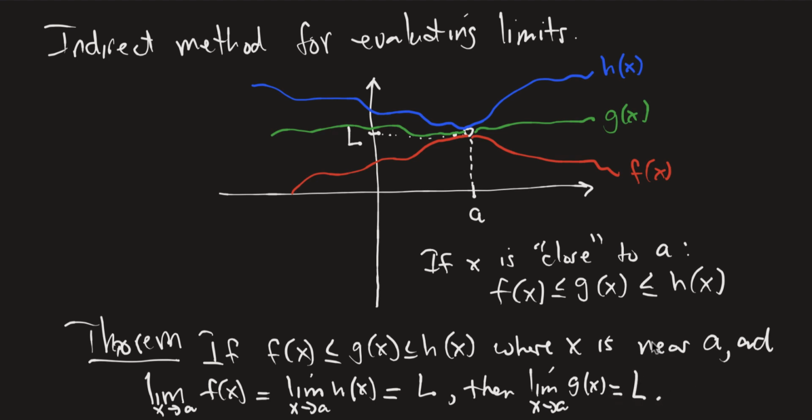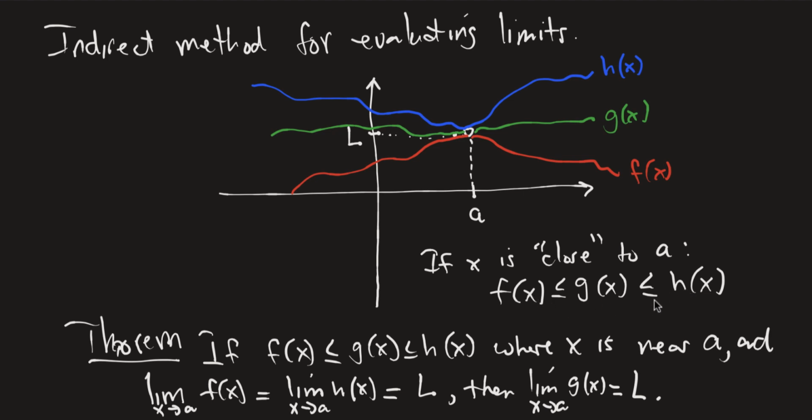So the concept of squeeze or sandwich is that you essentially have three functions, the one in the middle, right? So this inequality has to be true. The function in the middle is the function whose limit you really want to find. But the outer functions, the lower f and the upper h, are easier to work with.